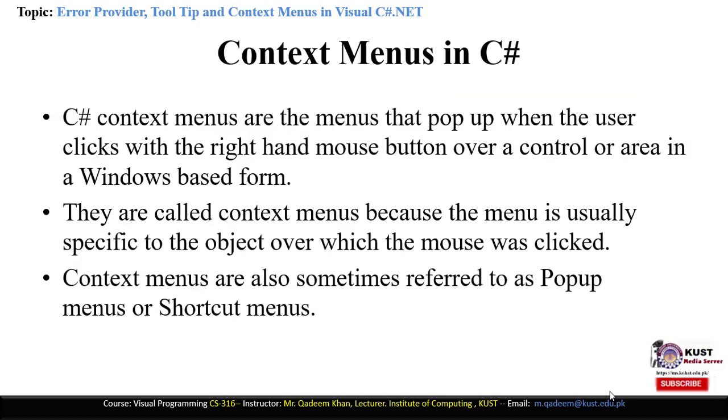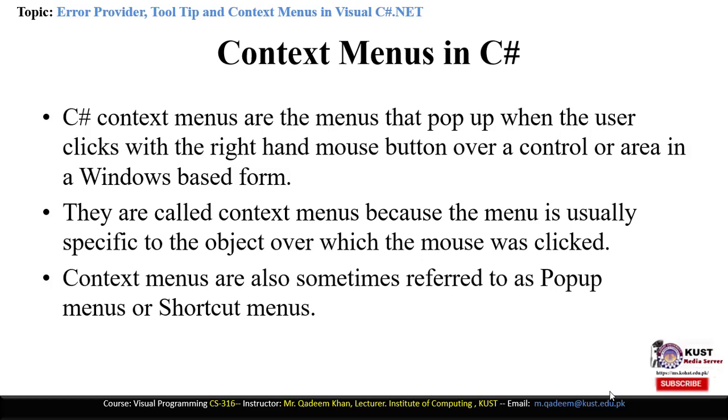Okay, the next important control is the context menu in C#.NET. The context menu control provides a pop-up menu when users right-click on a certain control, or the right-hand mouse button is clicked over a control or area of a Windows-based form. These are called context menu controls because the menu is usually specific to the object over which the mouse was clicked.